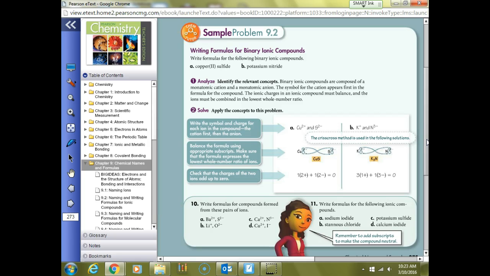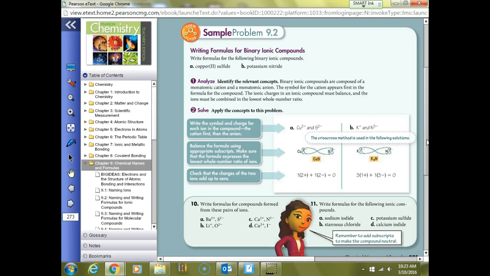So, all of the examples that we just worked were binary ionic compounds. There were 2 ions. We had one cation and one anion. And so sample problem 9.2 on page 273, we are writing the formulas for binary ionic compounds.